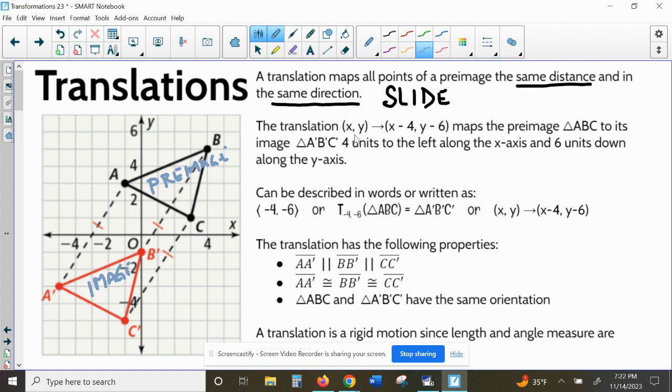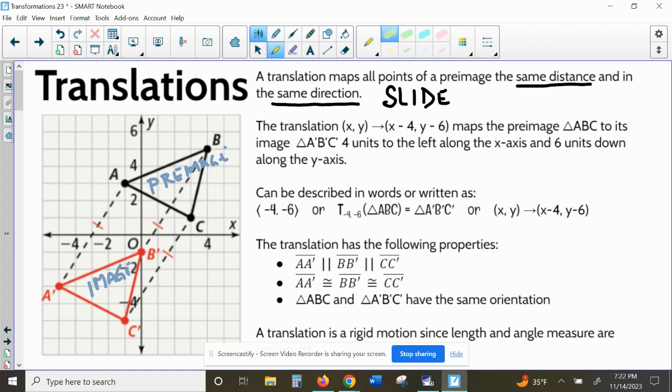It says a translation (x, y) to (x minus 4, y minus 6) maps the pre-image ABC to its image A prime, B prime, C prime, which happens to be 4 units to the left along the x-axis and 6 units down along the y-axis.